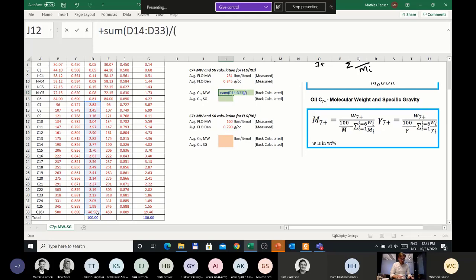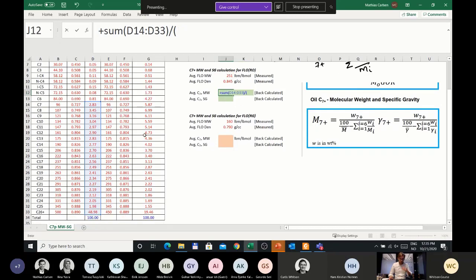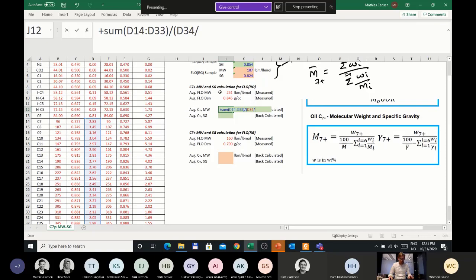And then we divide by the measured molecular weight, or 100%. So this is just the total sum of the entire sample. So that's actually this number right here. And then we divide by the measured molecular weight.